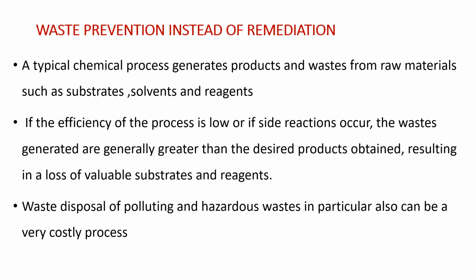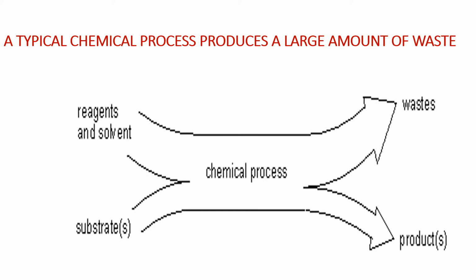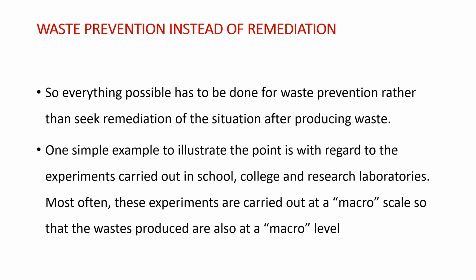Waste disposal of polluting and hazardous waste in particular can also be a very costly process. The figure shows a schematic diagram of a chemical process. We know a typical chemical process produces a large amount of waste. So everything possible has to be done for waste prevention rather than seek remediation of the situation after producing waste.